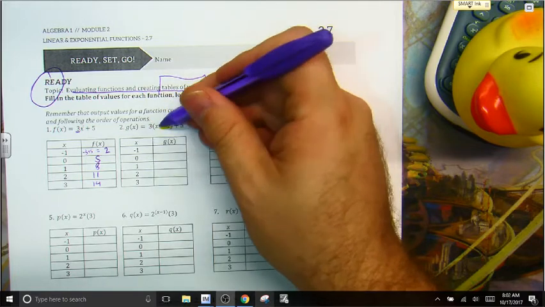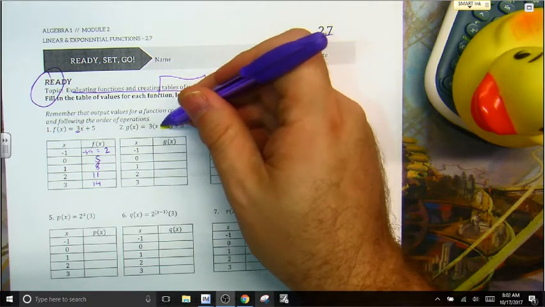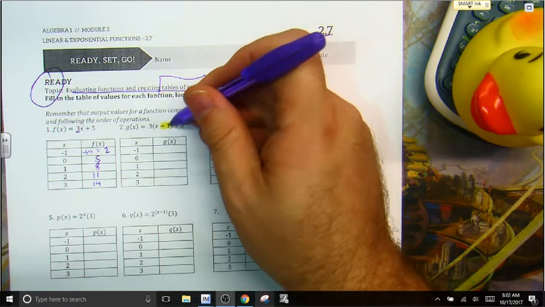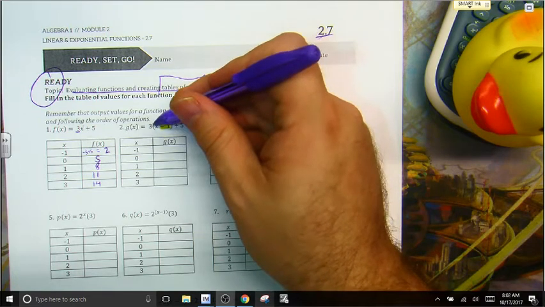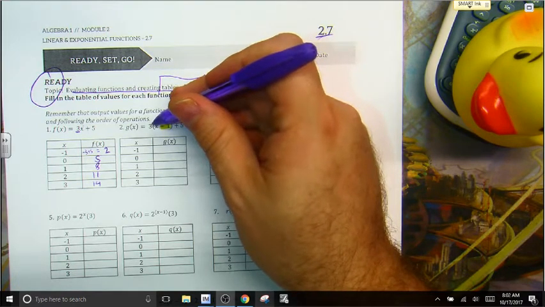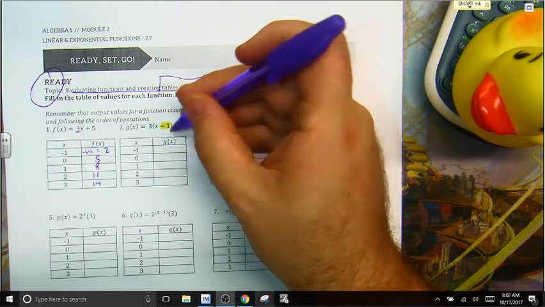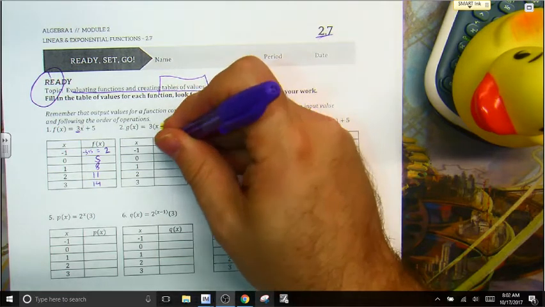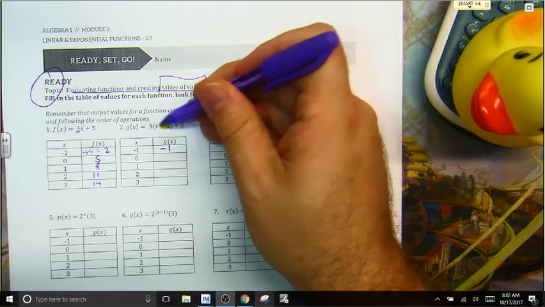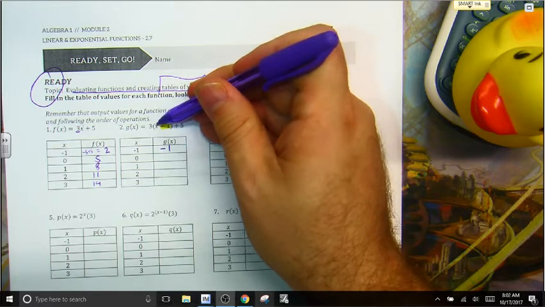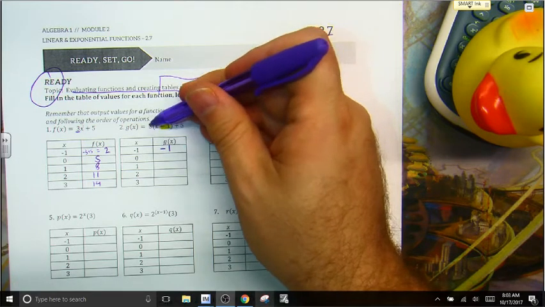So now we're going to put negative 1 in. Negative 1 minus 1 is negative 2. Negative 2 times 3 is negative 6. Negative 6 plus 5 is minus 1. 0 minus 1 is negative 1. Negative 1 times 3 is negative 3.